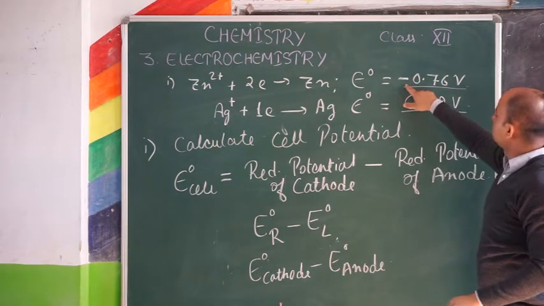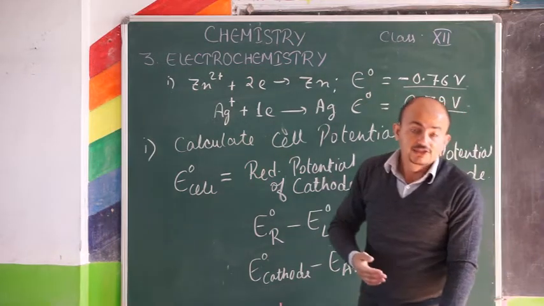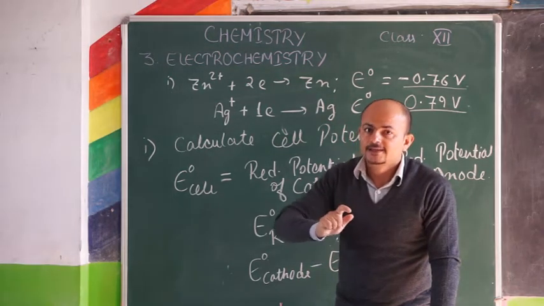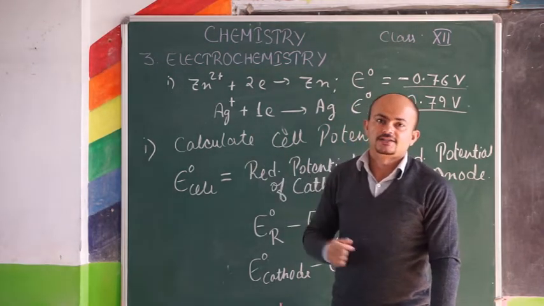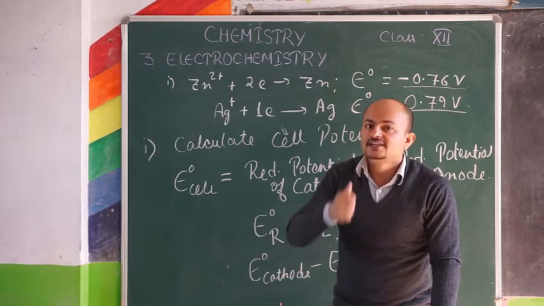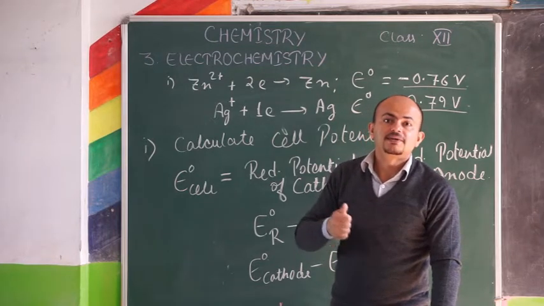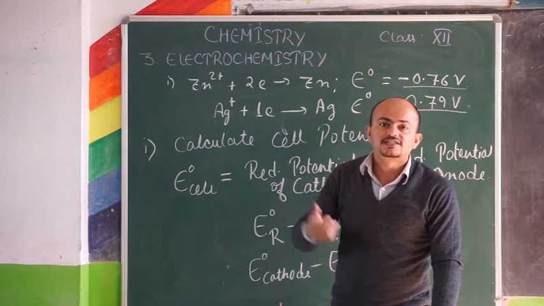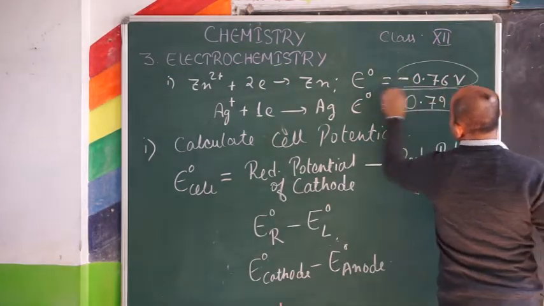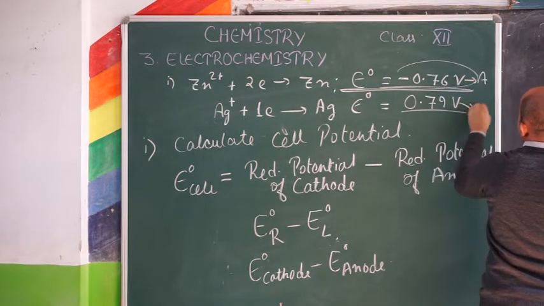Obviously this one, minus 0.76 volt. So they are always willing to give up the electron. Willing to give up the electron means what? They are oxidized. And if it is oxidized, where should it be placed? It should be placed at anode, because oxidation takes place at anode. Therefore, this will be acting as anode, and this will be acting as cathode.